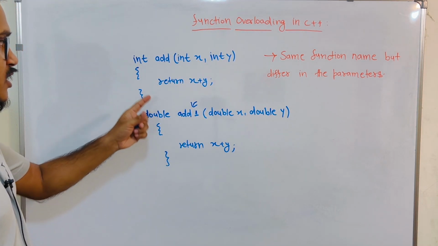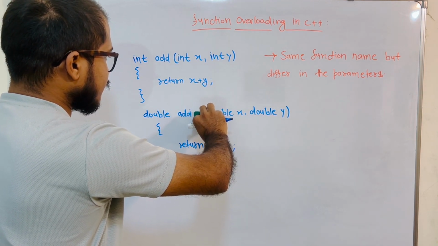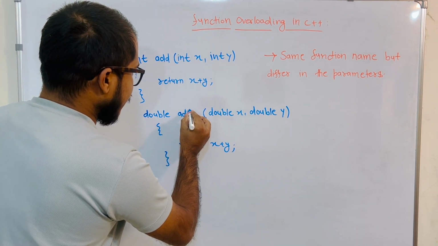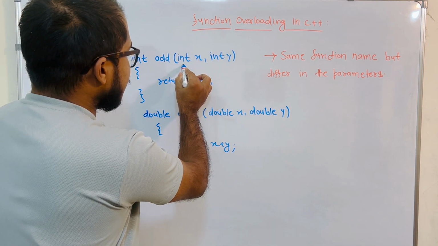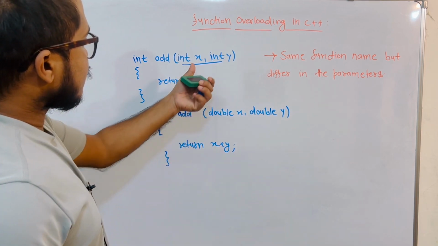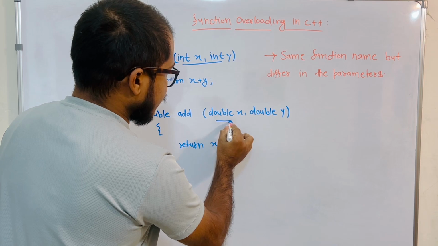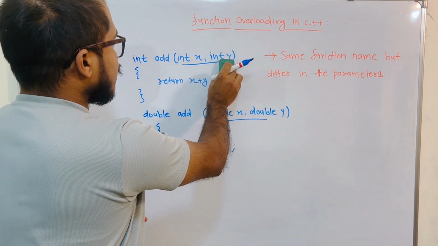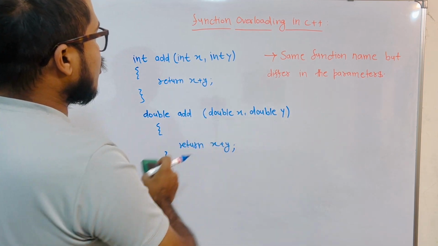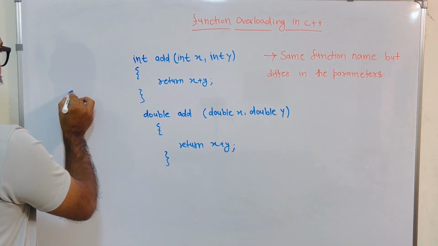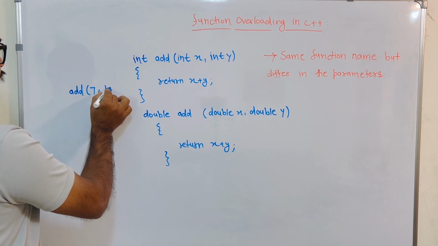In function overloading, we keep the function name the same. In this case it will be add, but the number of arguments I provide will differ, or the type of arguments will differ. Now let's say I want to add 7 and 10.